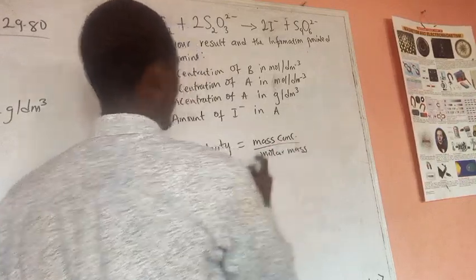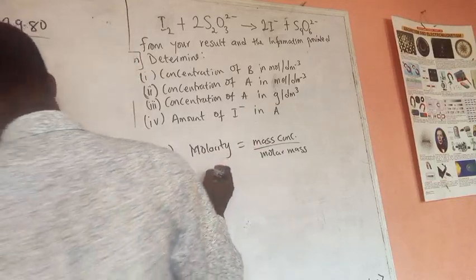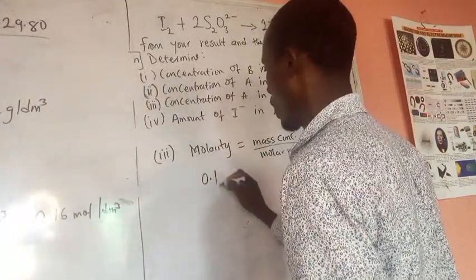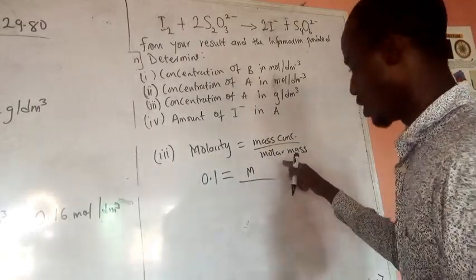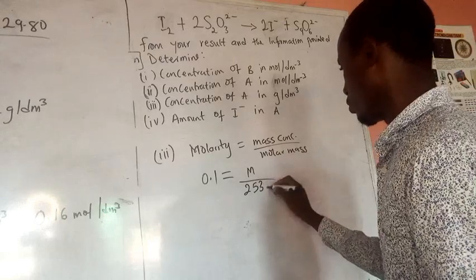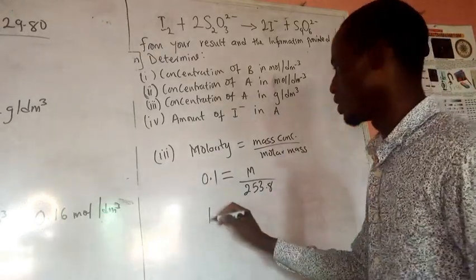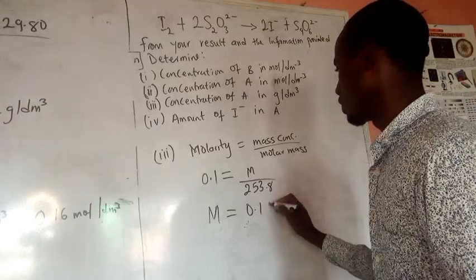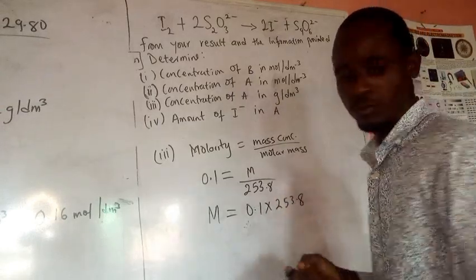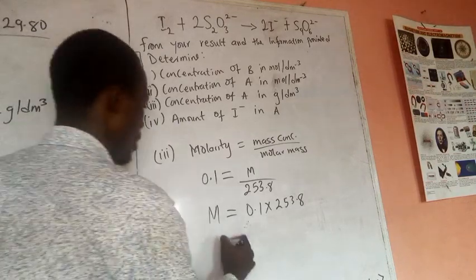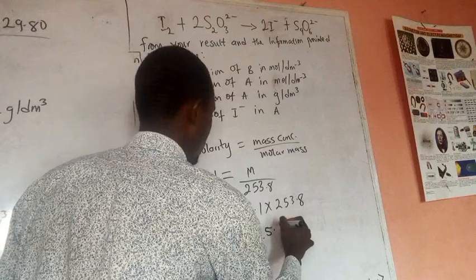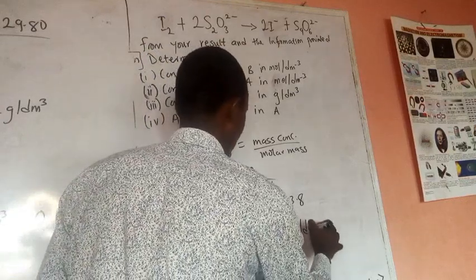So I'm going to have my molarity, which is what we just got, 0.1, equals the mass concentration, which is what we are looking for, M, all over the molar mass of A, and that is 253.8. That is the mass of iodine. So M will be equal to 0.1 times 253.8. So M equals 25.38 gram per dm cube.